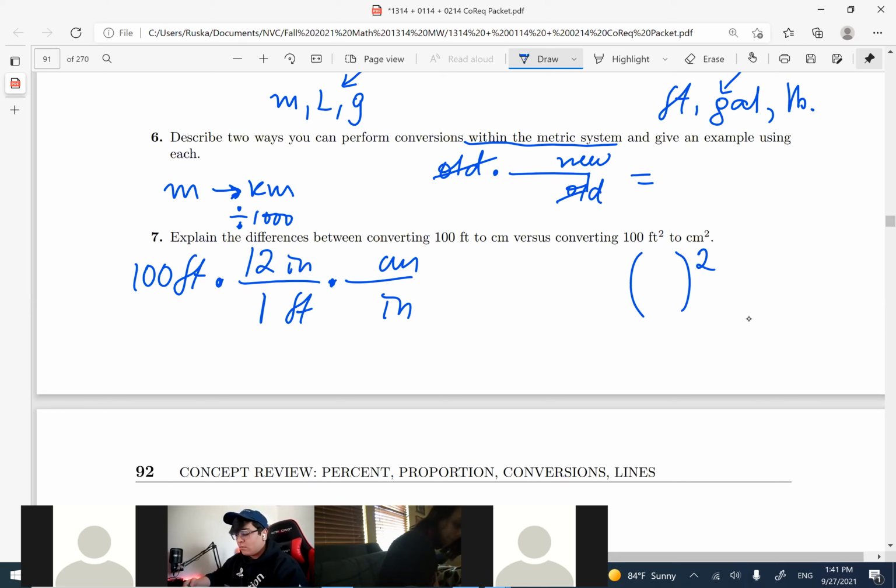So 1 inch is how many centimeters? 1 inch equals 2.54 centimeters. Okay, that's right.